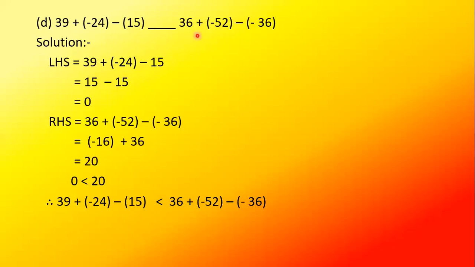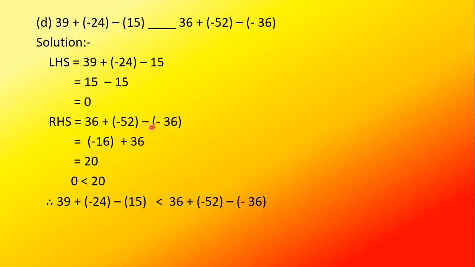Now RHS, 36 plus minus 52 minus minus 36. Here 36 plus minus 52. One is positive and the other one is negative. So we will take the difference in the absolute value. The difference in the absolute value is 16 and place the sign of the greater integer, that is minus 16. Minus 16 minus minus 36.